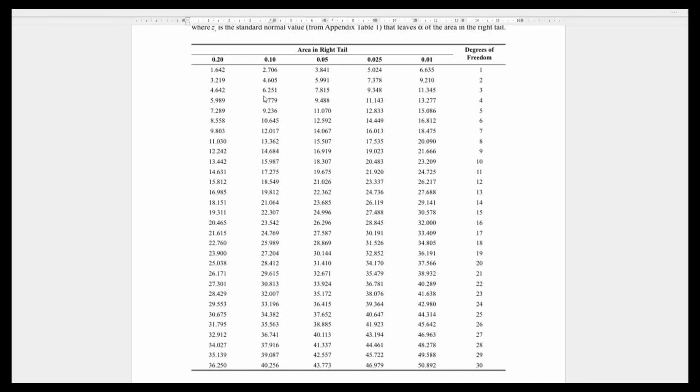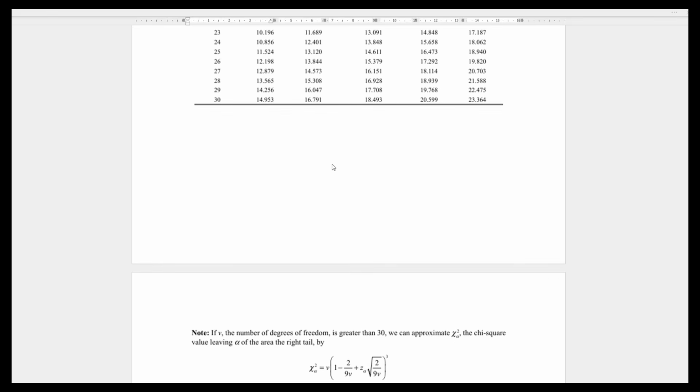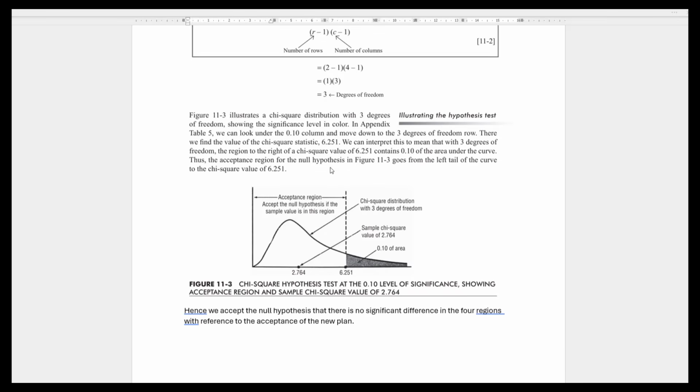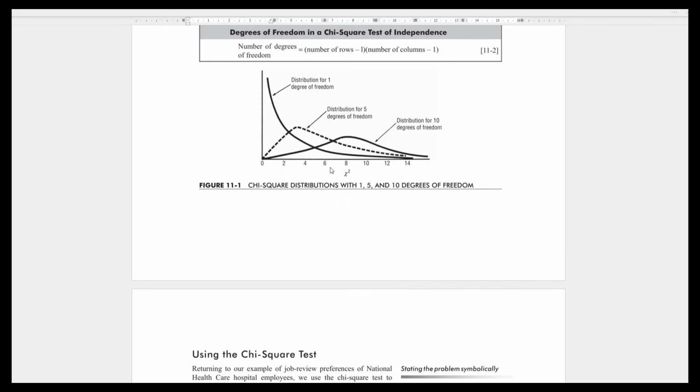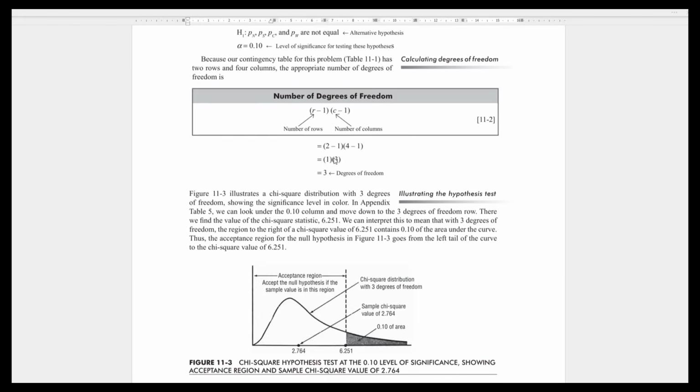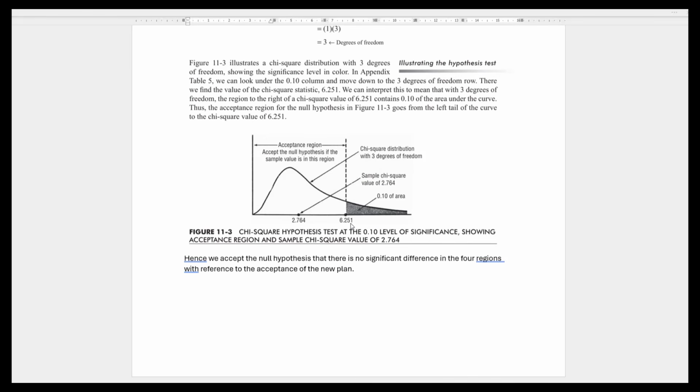Your chi-square by calculation is 2.764, and by table it is 6.251. Clearly this is your rejection area, this is your acceptance area, and 2.764 is clearly lying in the acceptance area.